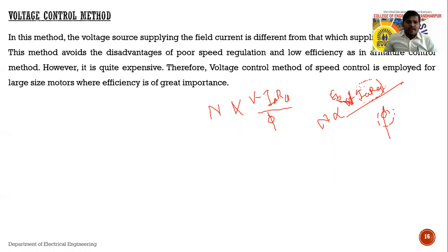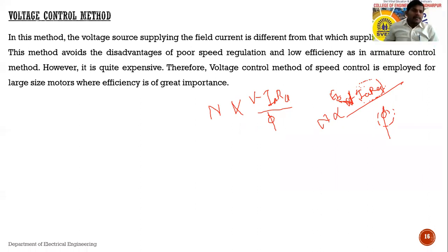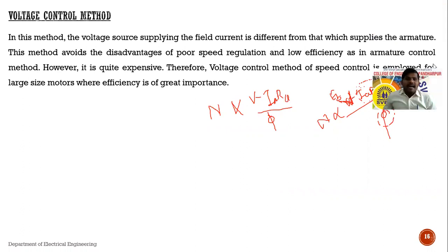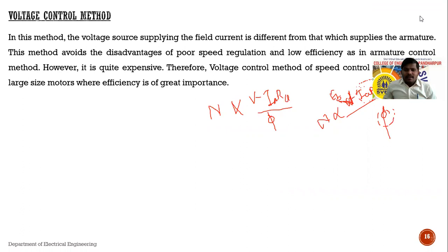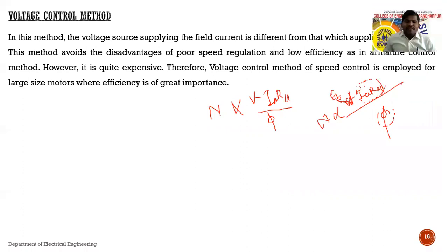Now see, in this method, the voltage source supplying the field current is different from that which supplies the armature. In that condition, the field can be kept constant. That means we are using one separate source to excite the field winding.